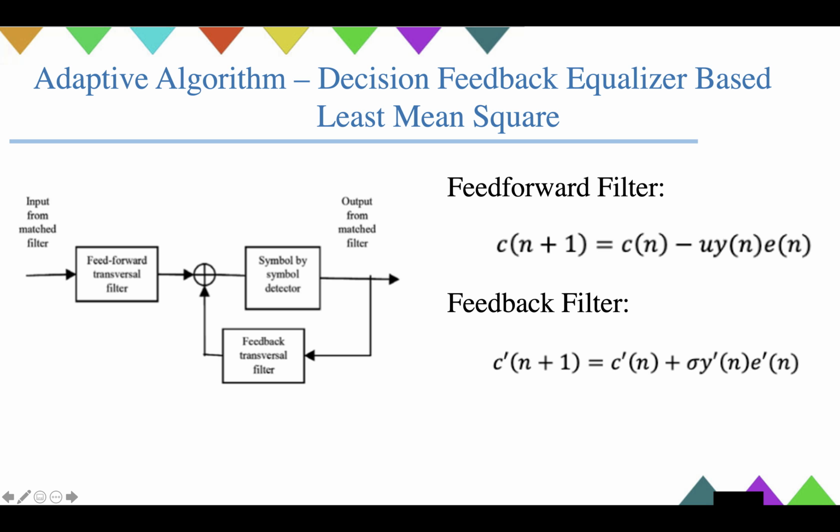At the same time, the output is sent to the feedback filter. Feedback removes the interference again and repeats the process. They will refresh the weight of the next time.